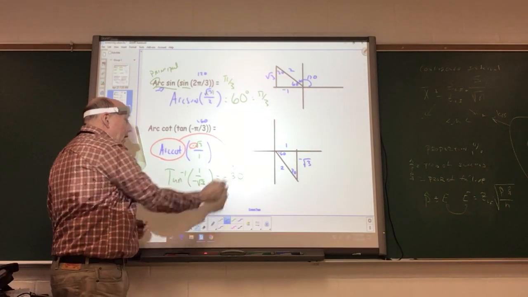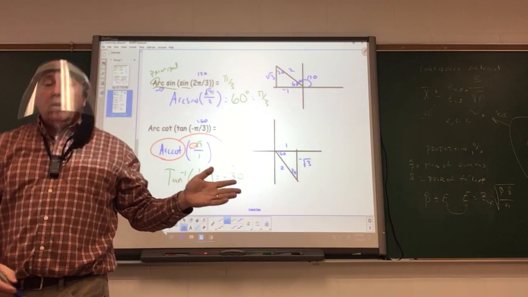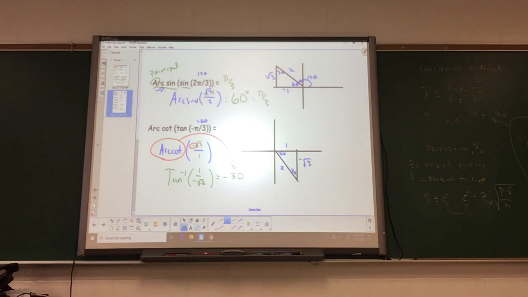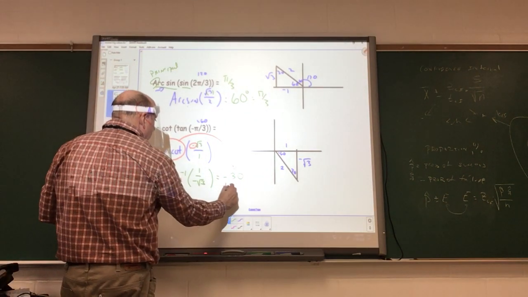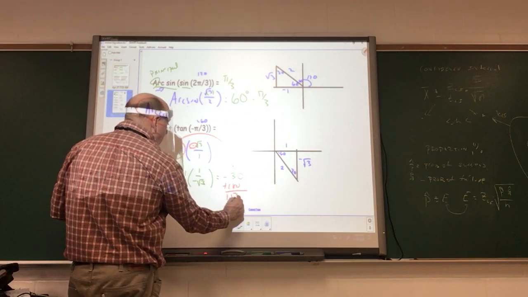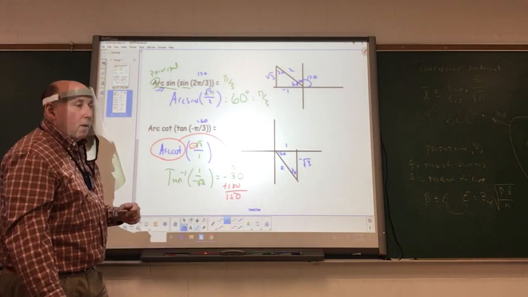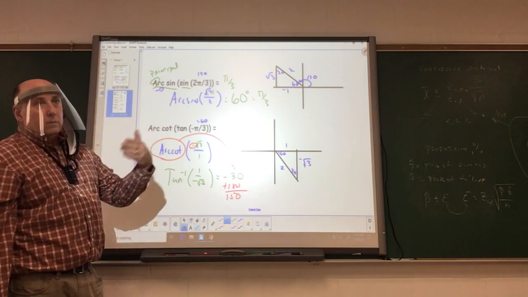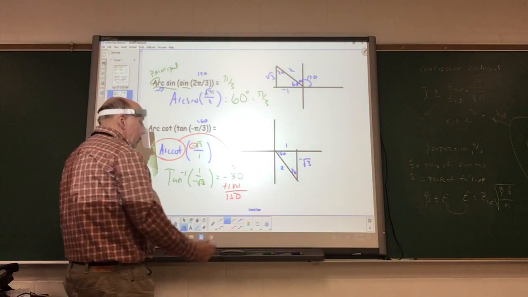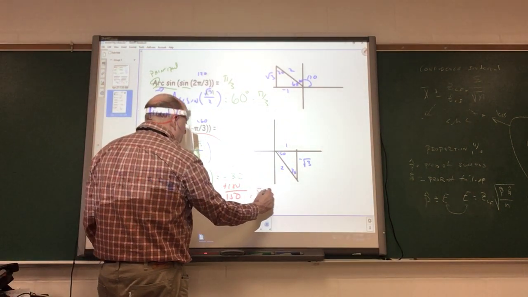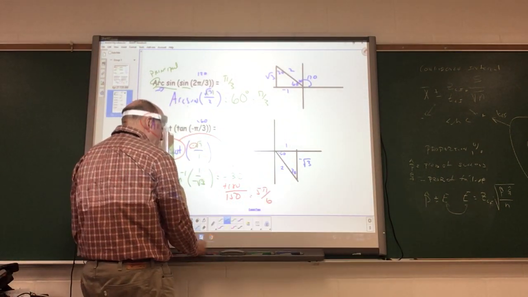Because when you do that, what do we have to add to the negative 30 then? What do we add? 180. So you add your 180 to get 150 degrees. Pi over 6 is 30. Which is 5 pi over 6.